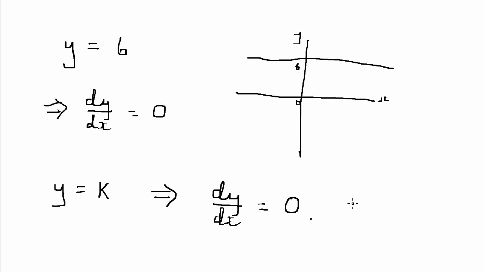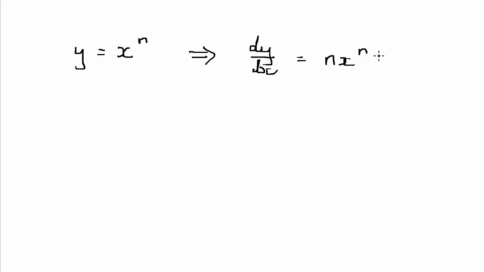Let's just summarize all the things that we've looked at in this video. Firstly, we had a general rule that said that if y is some positive integer power of x, x to the n, then when you differentiated it, you got n x to the n minus 1.